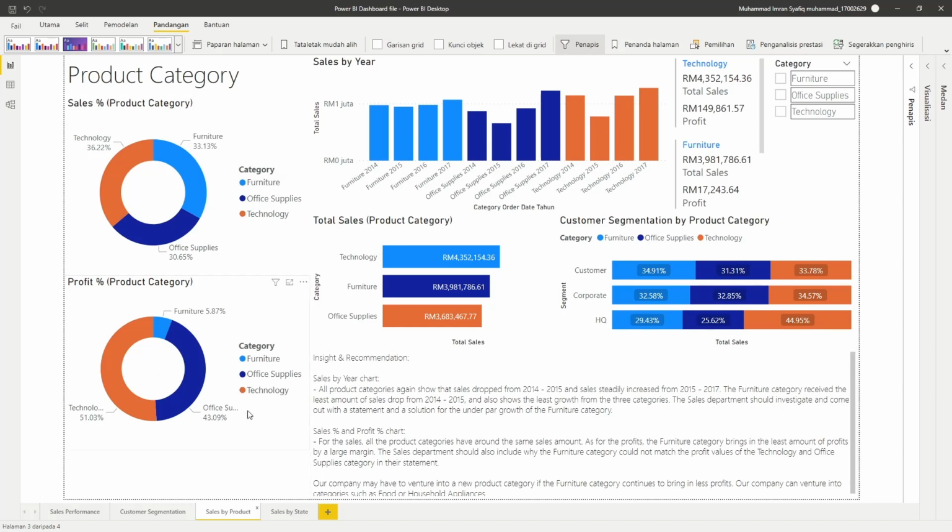Also, if we look at the profit percentage chart, the furniture category makes the least amount of profits despite having about the same sales value as the other categories. Our company needs to investigate why the furniture category is not as profitable as the other product categories and quickly apply the solution before it gets even worse.